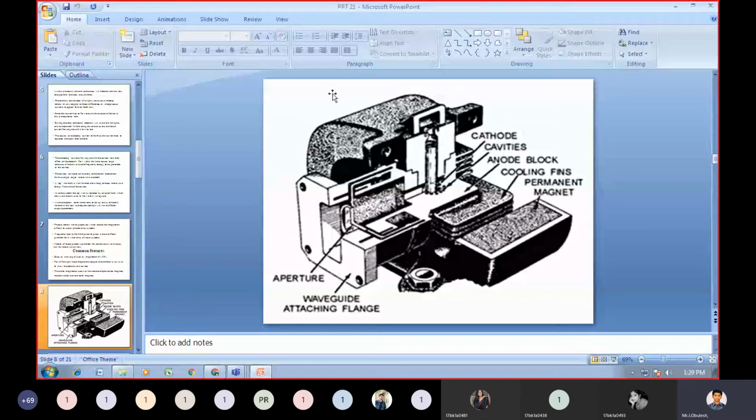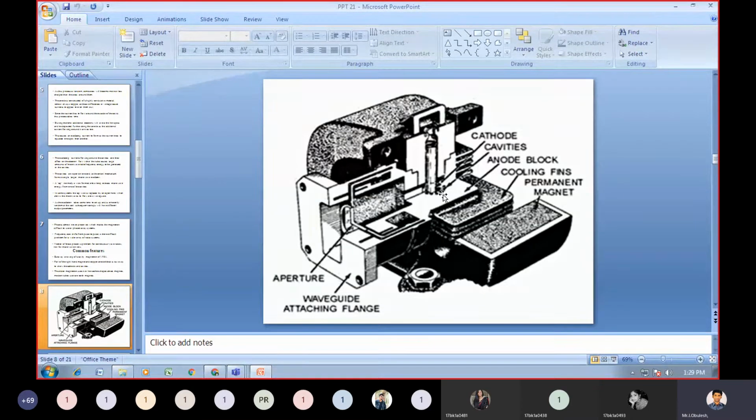This is the older magnetron, which uses two horseshoe shaped Alnico magnets, and modern tubes use rare earth magnets.